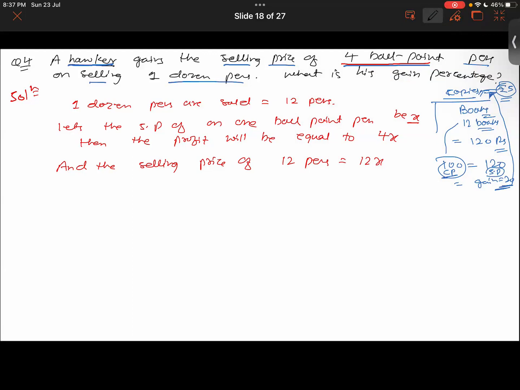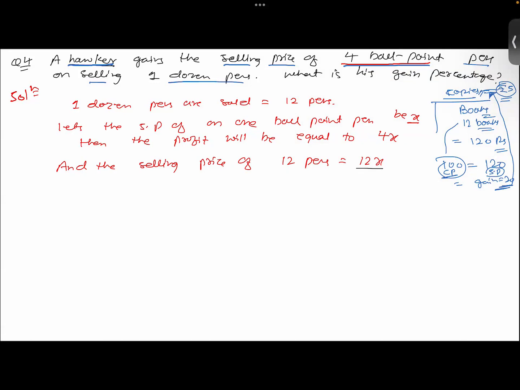Now, we have also assumed the selling price of 12 pens as 12x, and we have also got profit to be 4x here. So now what will happen then?